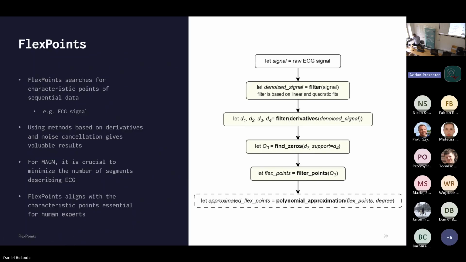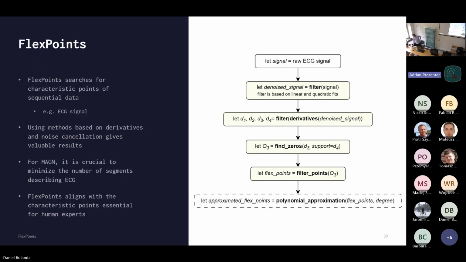Then it finds derivatives up to the fourth derivative of the signal, and we use the third and fourth derivative to find zeros. And that's why it's called flex points, because zeros in the derivative say that they make some sort of flexment in the shape of the curve.